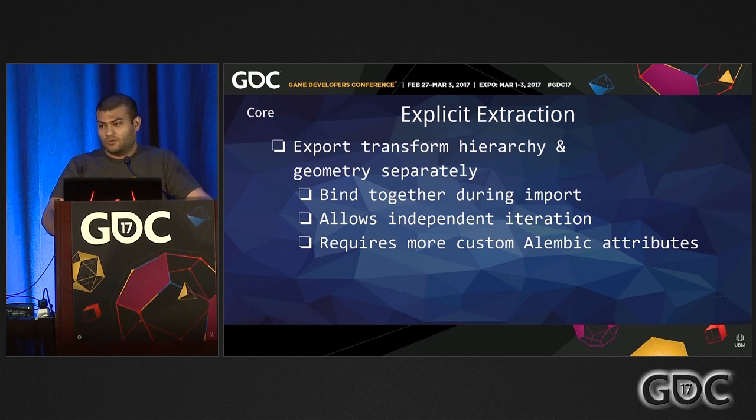So for instance, if you want to do an interesting flock of birds, one artist could work on the bird model itself, and the other artist can work on the dynamics and the fly-through. And then during the import stage, bind them together. We ended up not quite having this nice separation between the two teams, but this is something that you should consider if you plan on implementing something like this.